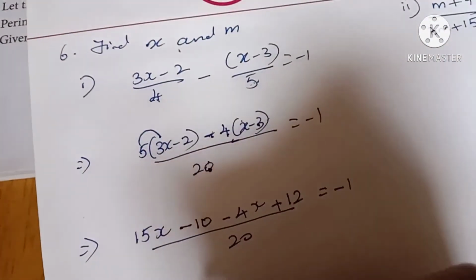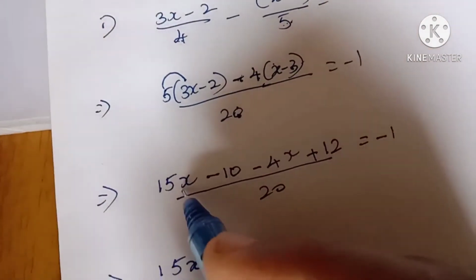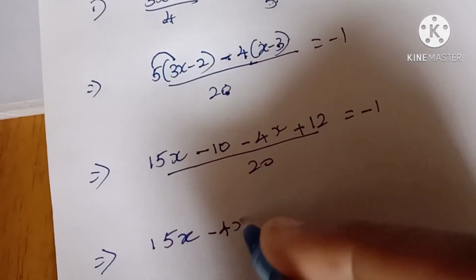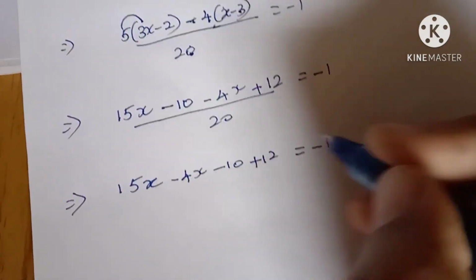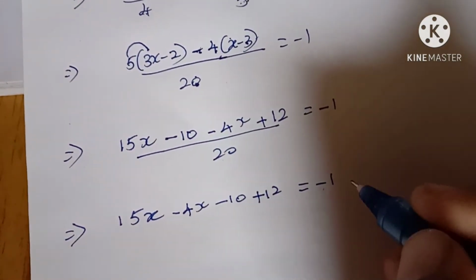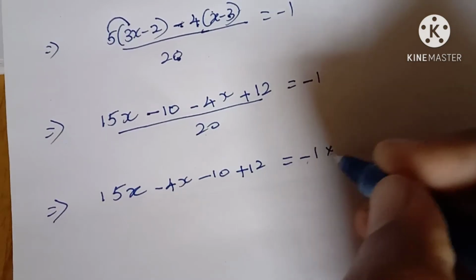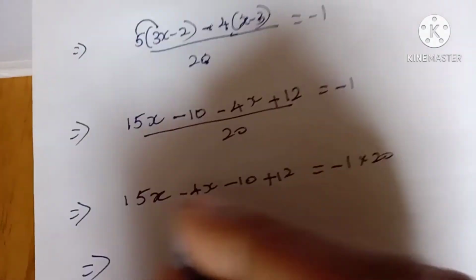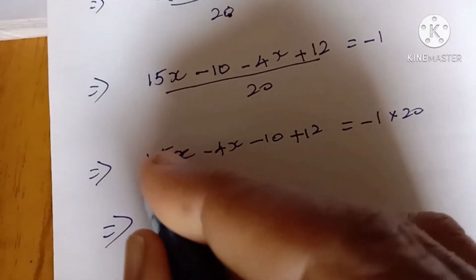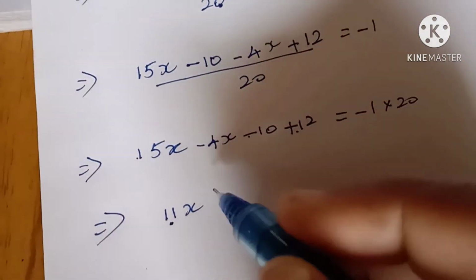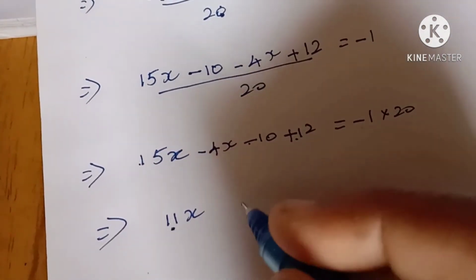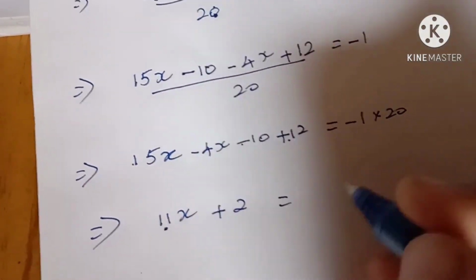Bring the like terms together, that is 15x minus 4x minus 10 plus 12 is equal to, if you take this 20 to your right hand side, division means into. 15 minus 4 is 11, greater number sign is plus, therefore plus 11, and here minus and plus is minus. 12 minus 10 is 2 and the greater number sign is plus.